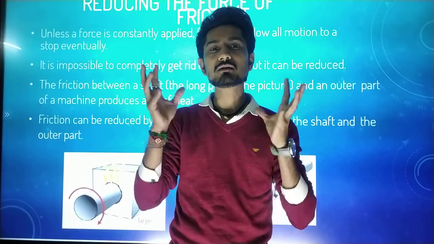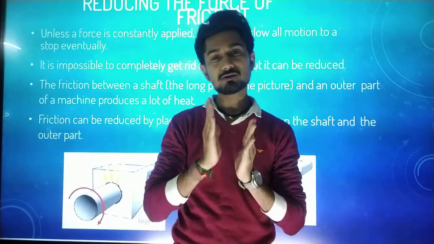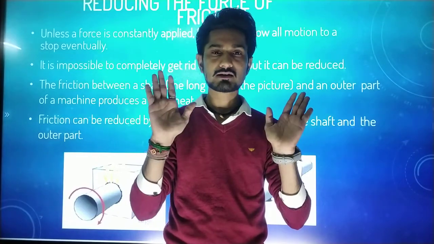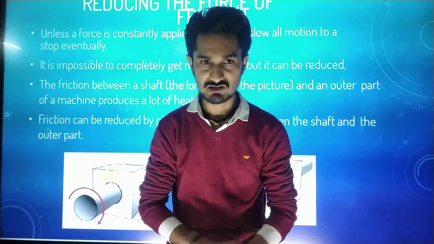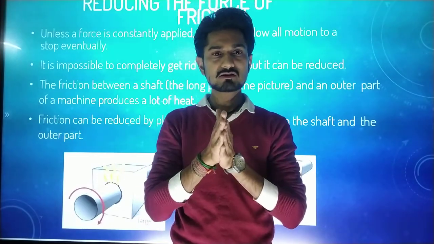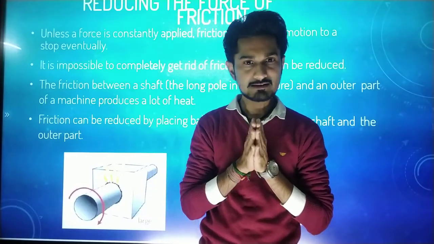The second thing is that it automatically produces heat. In the first activity we did, we took two hands and rubbed them against each other. It automatically creates friction, and due to the friction, it creates heat.